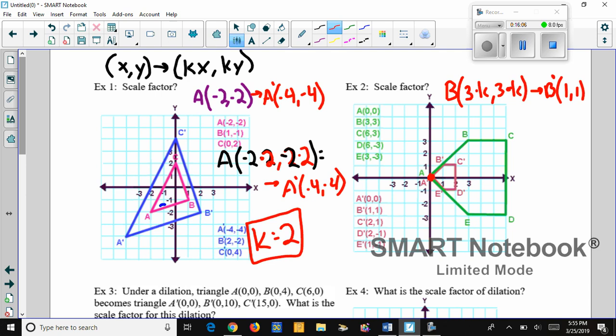I can think about this as two small equations, where I'm doing 3K equals 1, and I want to solve for K. In order to do that, I must divide by 3, and I find a scale factor of 1/3. And we could check that with any of the points. When you do each of them, you will find that K still stays 1/3.